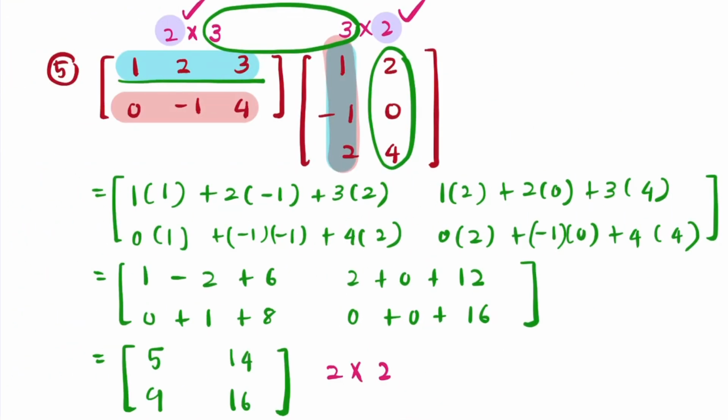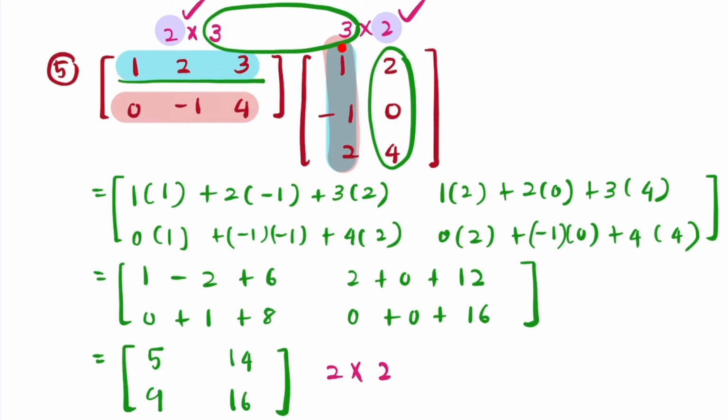Let's see this matrix here. Example 5. This is a 2 by 3 matrix multiplied by a 3 by 2 matrix. So this size is matched, so we can cancel out. The result will be a 2 by 2 matrix. So let's open up a matrix with entries of 2 by 2. And then in order to solve this, let's do this.